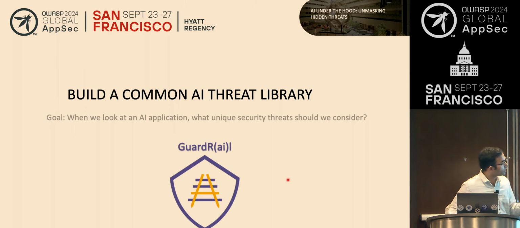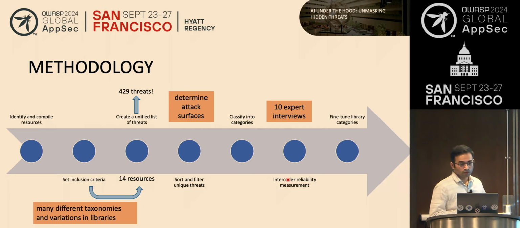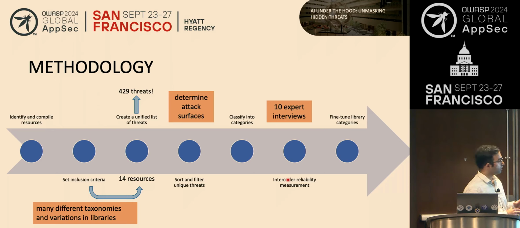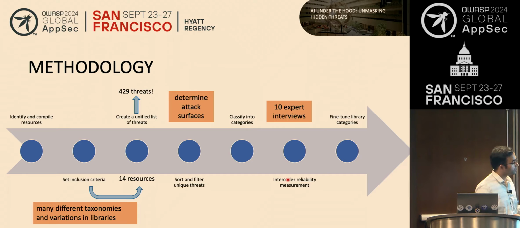Now, next we look at some of the methodology we followed in coming up with guardrail. This is some of the detailed methodology that we used. In the first step, we conducted a literature review to find potential threats to AI/ML applications. We looked into different digital libraries and academic sources and searched different documents and reports that came from credible sources.